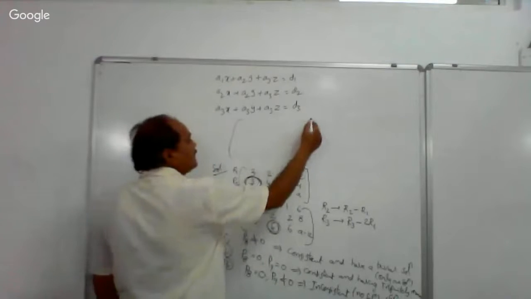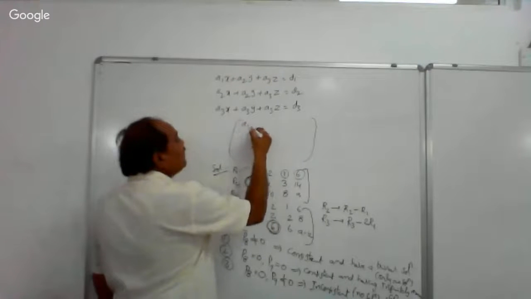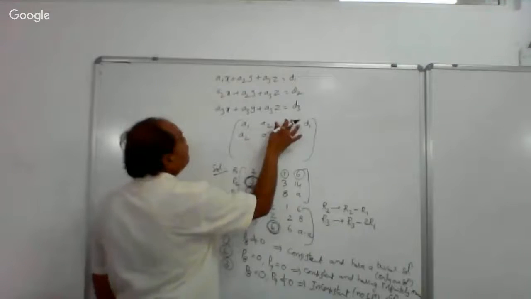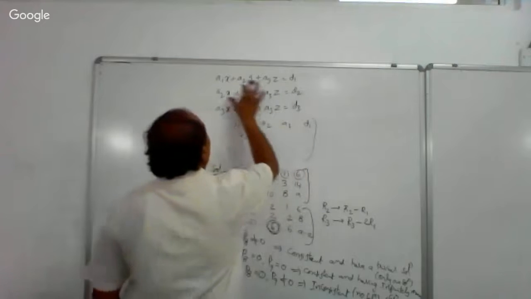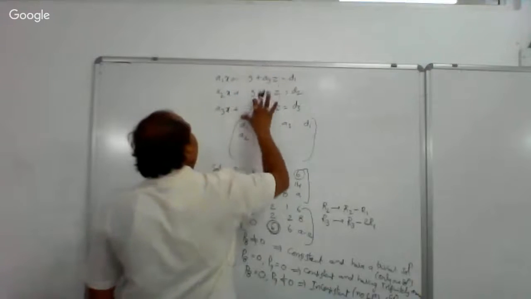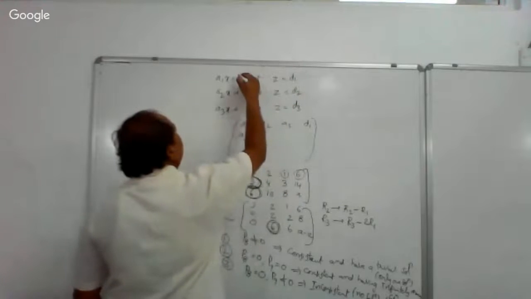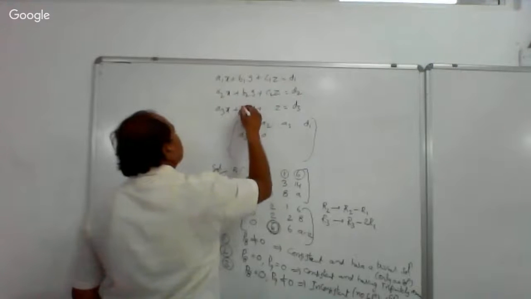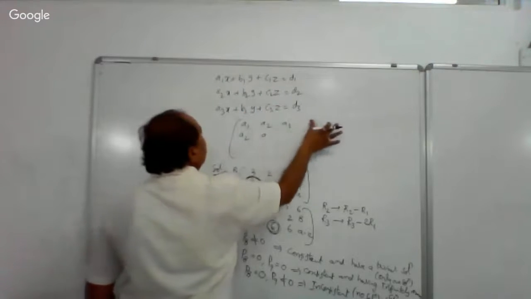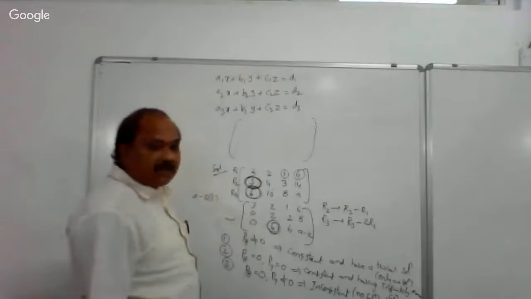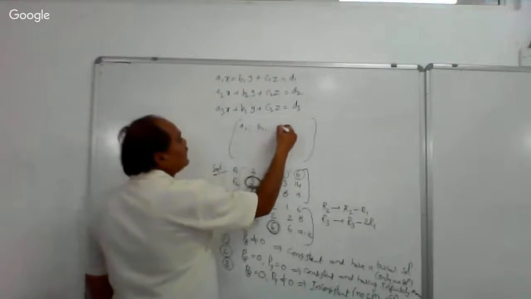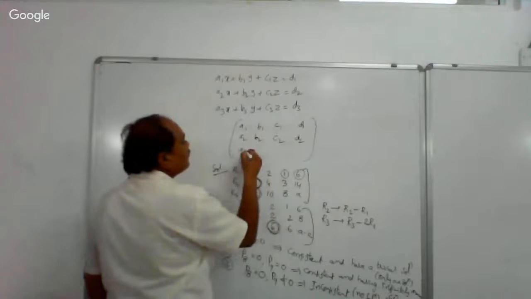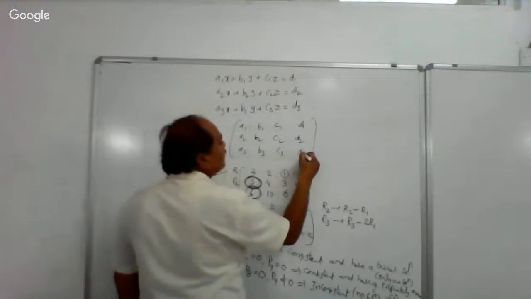Now, echelon form means the augmented matrix becomes a1, b1, c1, d1, a2, b2, c2, d2, a3, b3, c3, d3.